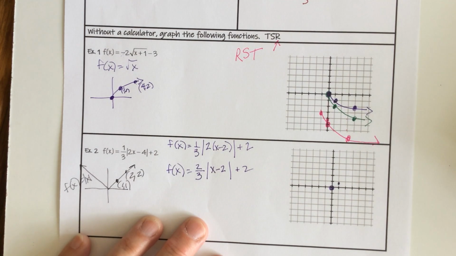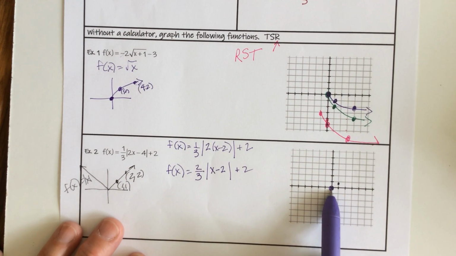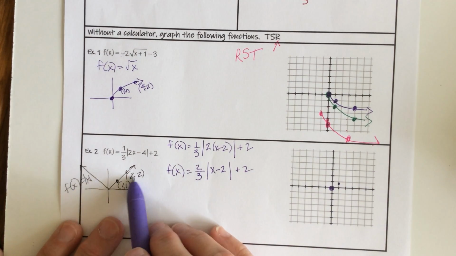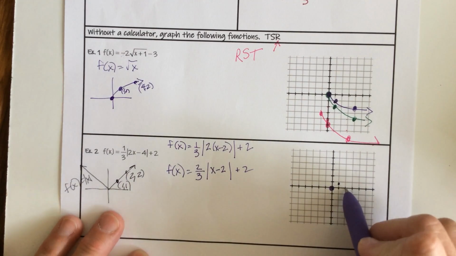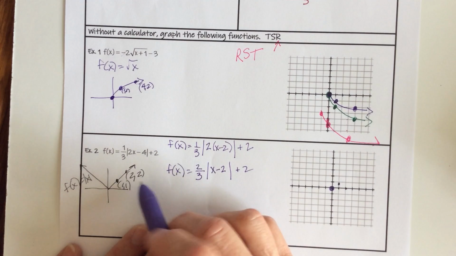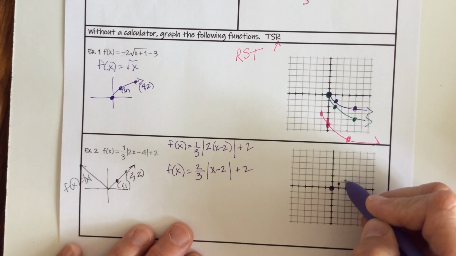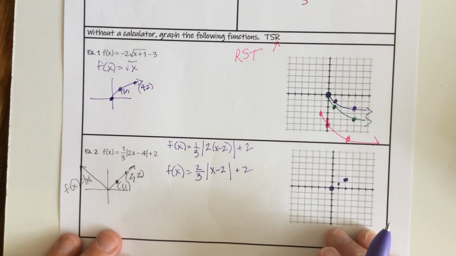And then let's see what else I have. Let's say then I have 2, 2. I go over 2 and up 4/3, because 2 times 2/3 is 4/3. So 4/3 is just a little bit up past 1.